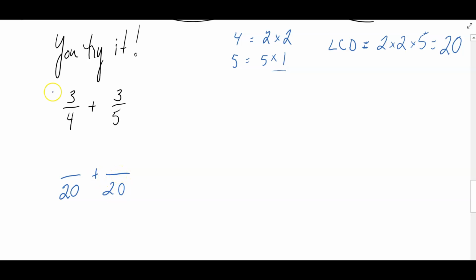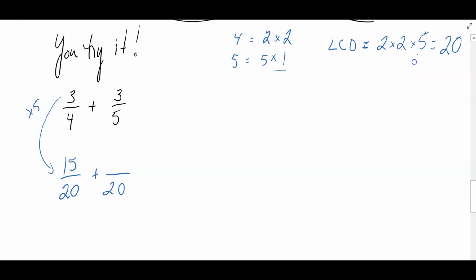Now I need equivalent fractions. So 4, which is 2 times 2, needs to be multiplied by 5 to get to 20, right? So I should multiply my 3 by 5. So 3 times 5, 15. And you can probably picture that. 3/4 is the same as 15 20ths.